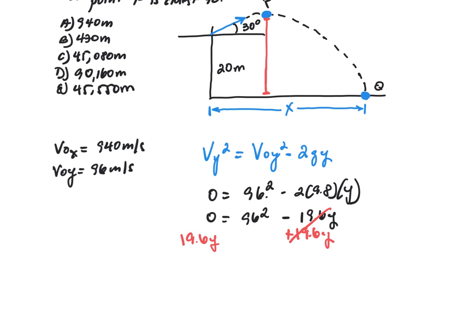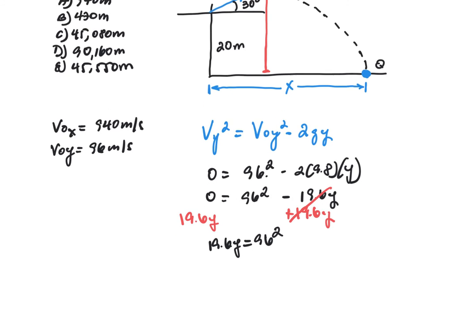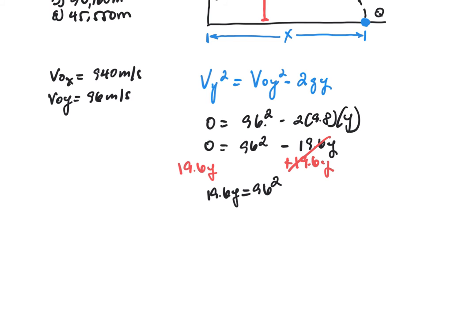This cancels out, so we are left with 19.6 y equals 96 squared.